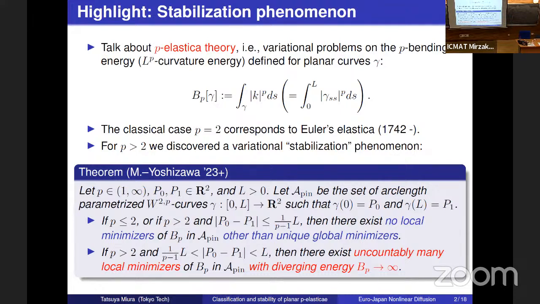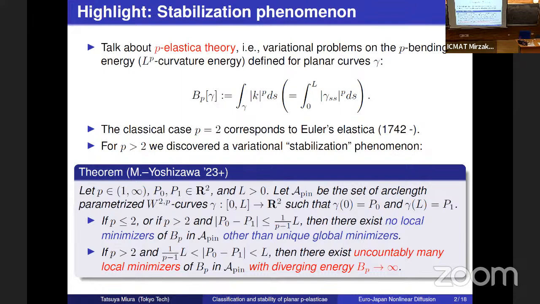If p is less than or equal to 2, including the classical case, or if p is larger than 2 and satisfying some condition on the boundary condition, meaning that the endpoints are sufficiently close to each other, then there exist no local minimizers of the p-bending energy in the admissible set A_pin, other than unique global minimizers. And here, unique means up to invariance, because, for example, reflection also has the same energy. So it's actually a quite strong uniqueness result on stable solutions.